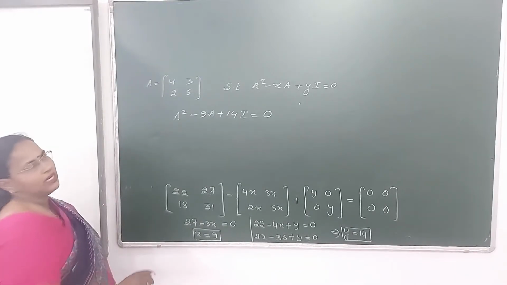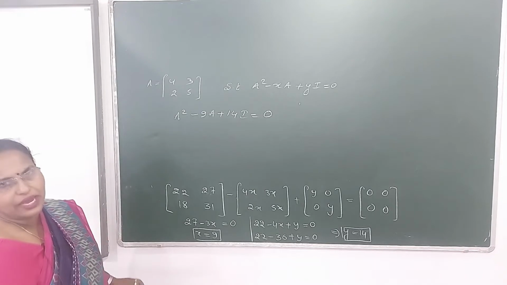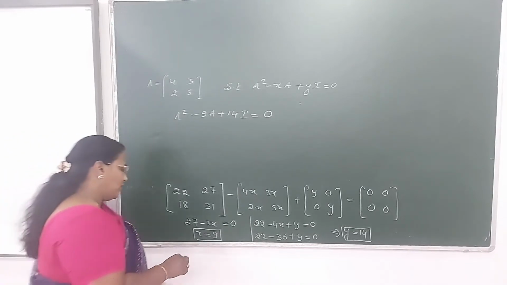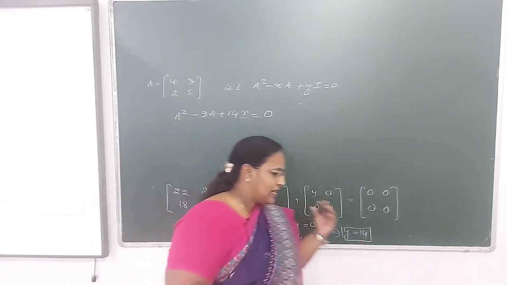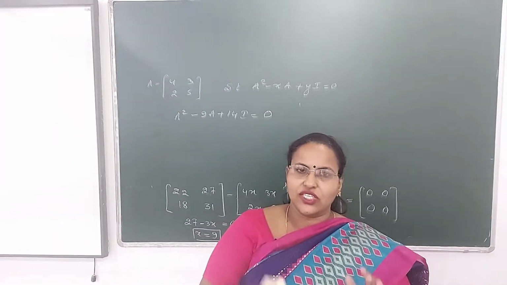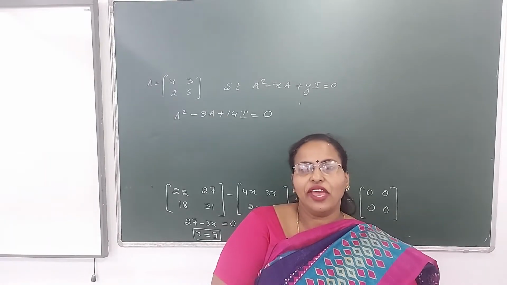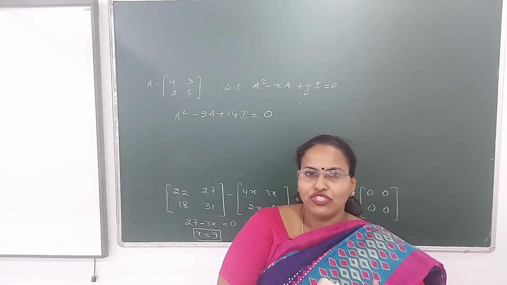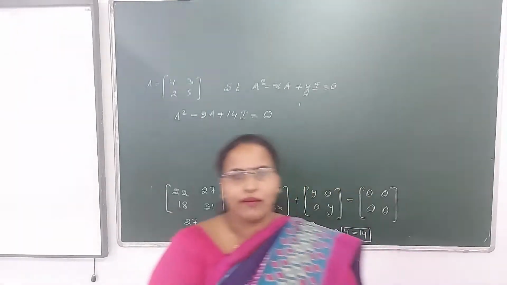So we will be pre-multiplying or post-multiplying it by A inverse. But I have told you it is not that whenever required you can multiply it by A inverse. You need to check whether A inverse exists or not. And for checking A inverse, you have to check whether it is a singular or a non-singular matrix.